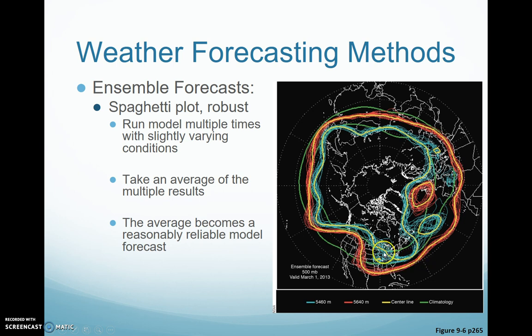But there are other times where the lines don't line up quite as nicely. There's a lot more variation. In that case, there's less reliability, but taking the average here, which is the yellow line, is still more reliable than any one model run by itself. And so using this ensemble forecasting has proven to be a huge benefit and improvement to weather forecasting.